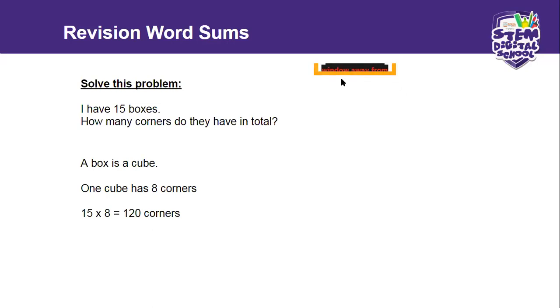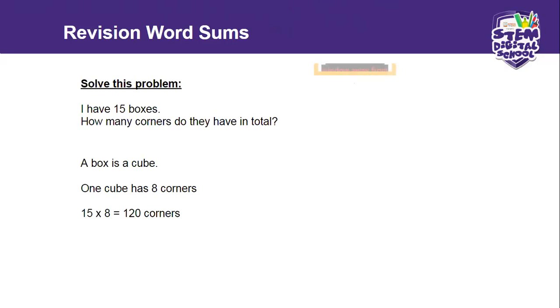That's correct. One cube has 8 corners. If you visualize your box, the bottom has got 4 corners and the top has got 4 corners as well. Then it gives 8 corners per box. And remember, they are giving us 15 boxes.